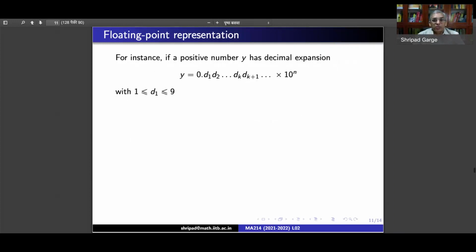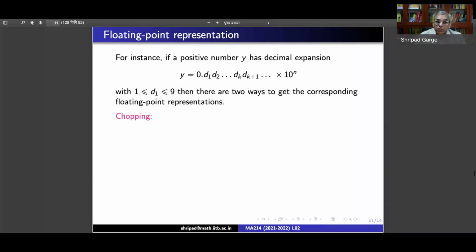All right. So, for instance, if I have a positive number, I don't have to convert from decimal to binary and binary to decimal back, because I am going to use only the decimal expansion. So let's not worry about the sign, it's a positive number, and it has this decimal expansion where my d1 is again 1 onwards, and d1, d2, dk, dk plus 1, and so on. It may just go on. And if I want to write such a representation, as we have seen in the previous slide, there are two ways to do it.